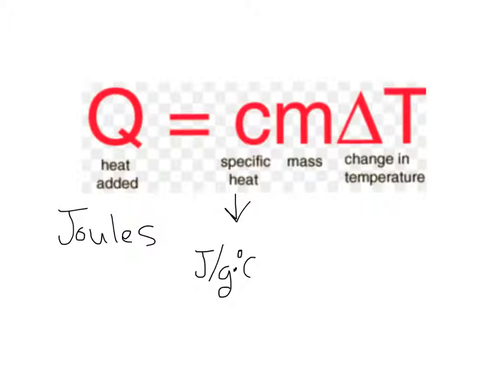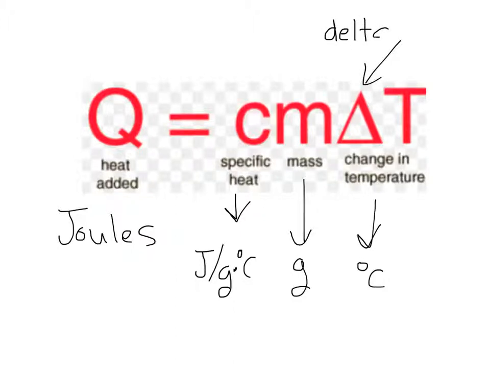Remember, we learned about units like this type back when we did physics with the Newton, which is a kilogram meter per second squared, which is all weird. Mass is measured in grams, and the change in temperature is in degrees Celsius. Remember this symbol delta, which is a Greek letter that's used in math and science to mean the change in. It means change in.